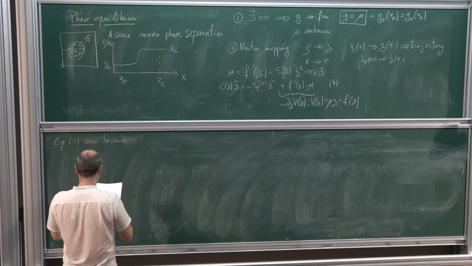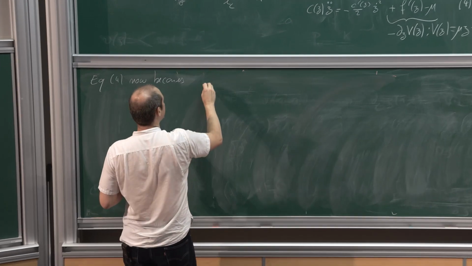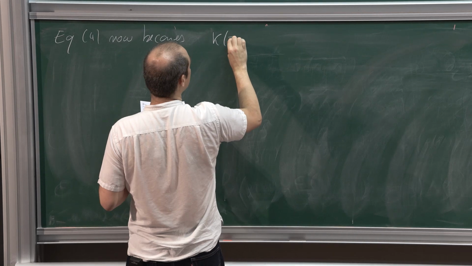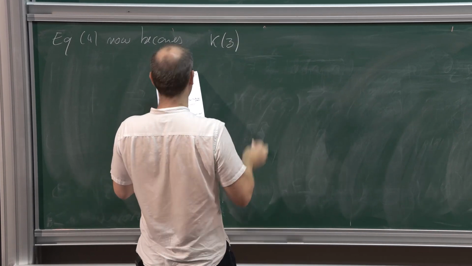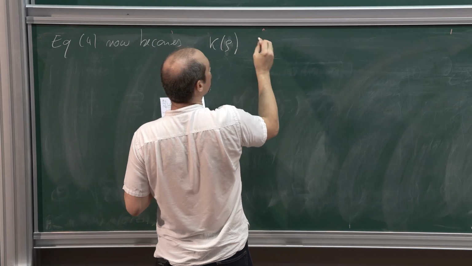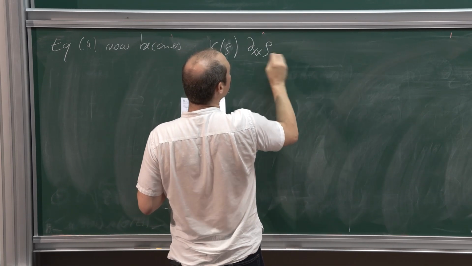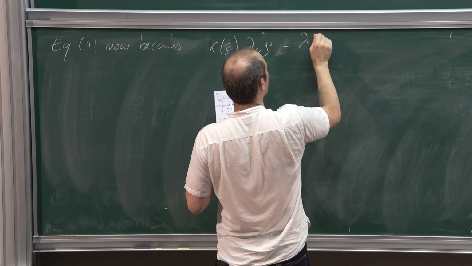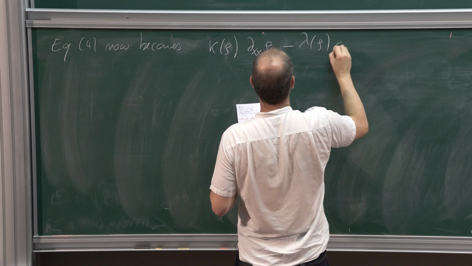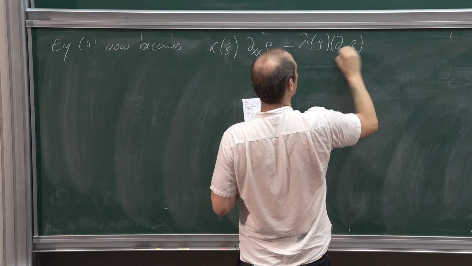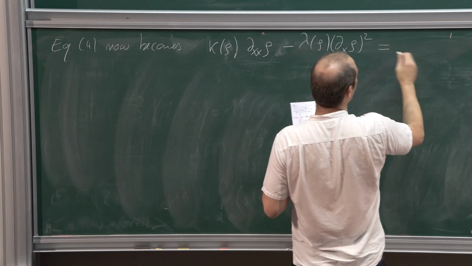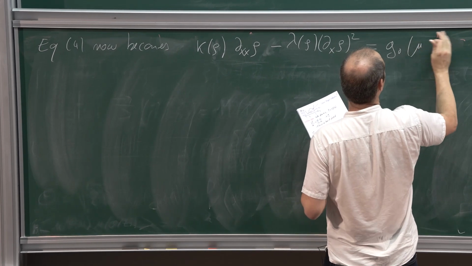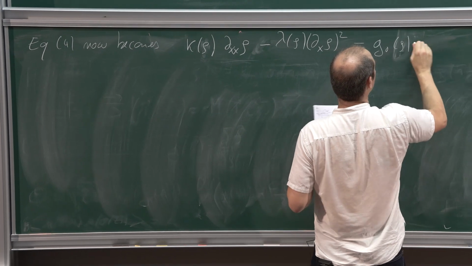So my C is what I call kappa. So I get kappa of rho times dxx rho plus, and I get minus lambda of rho dx rho square equal g naught minus g naught of rho minus mu.